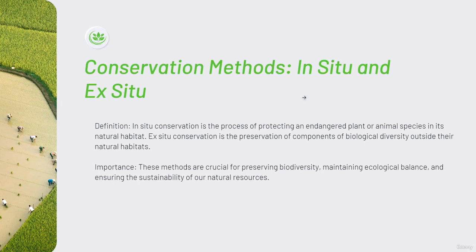So if you want to protect tiger within the forest, that is within its own habitat, it is called in situ conservation. Now there is another term called ex situ conservation. It is preservation of components of biological diversity outside their natural habitat.